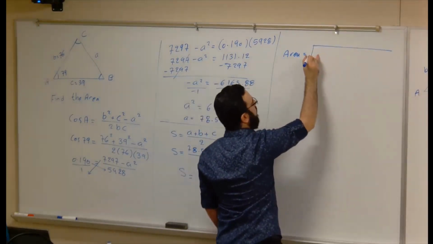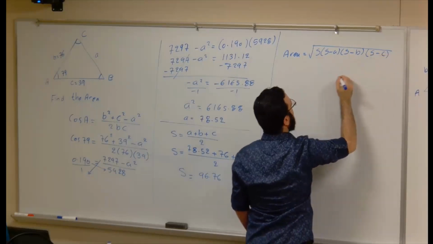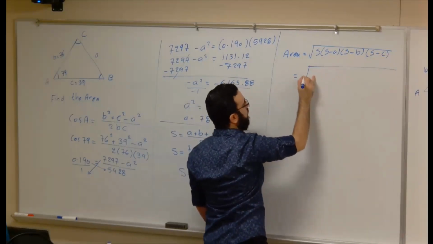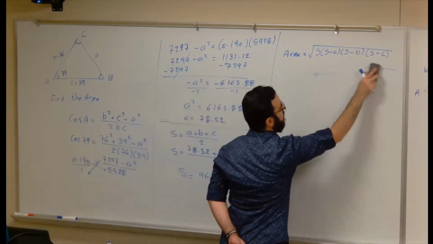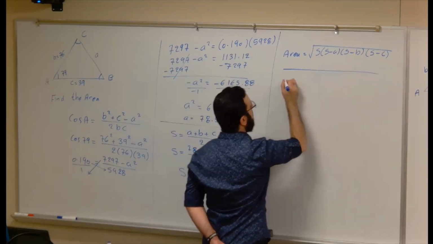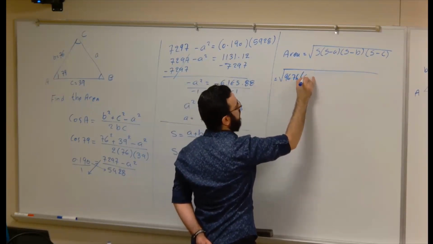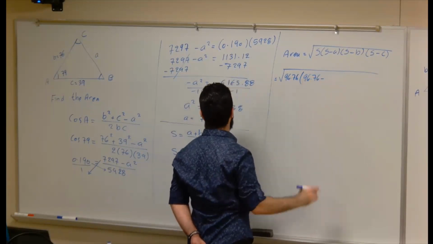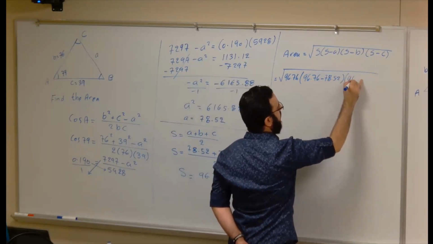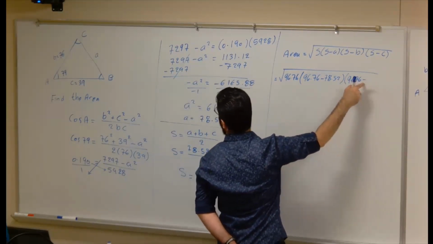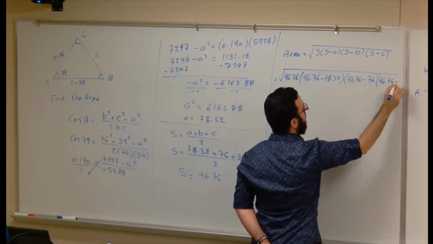It's going to be the square root of S minus A, S minus B, and S minus C. That means it's going to be the square root of 96.76 times 96.76 minus A, which is 78.52, times 96.76 minus B, which is 76, times 96.76 minus C, which is 39.